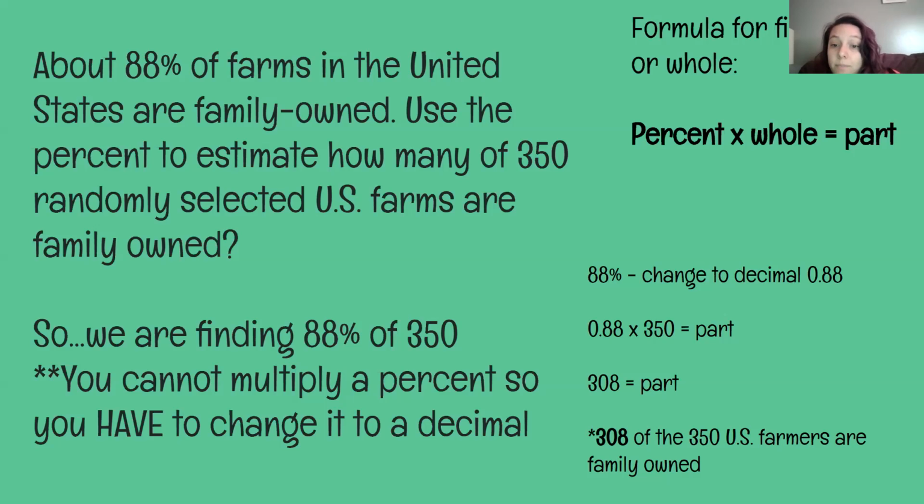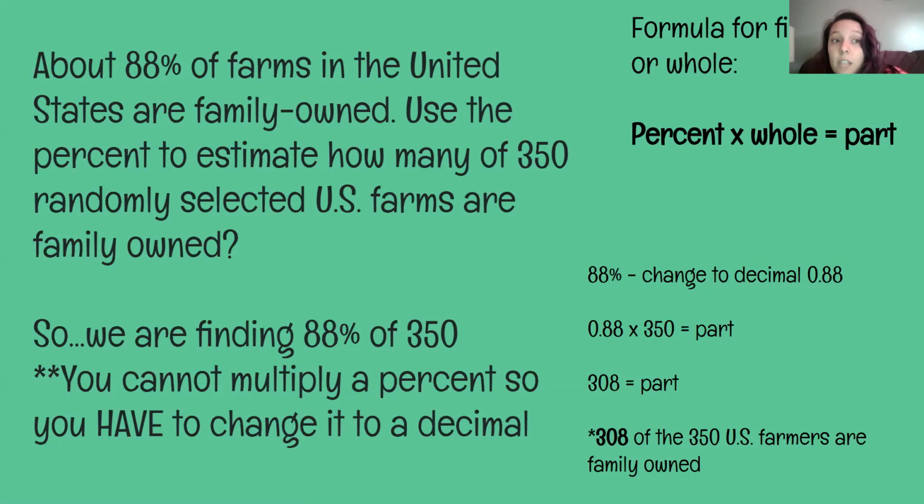Think about how to get an idea if you are getting the correct answers. 88% is really close to 100%, so the answer would be almost the 350, and 308 is close to 350.